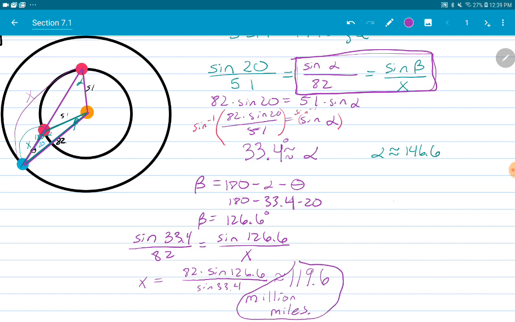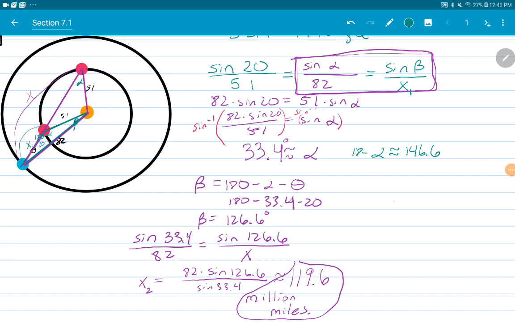And to get the closest distance, that other x, let's call this x2 because it's bigger, and call the green one x1. So to solve for x1, I do the same process, but this time I'm using alpha equal to 146.6. I shouldn't even say alpha, it was actually 180 minus alpha.